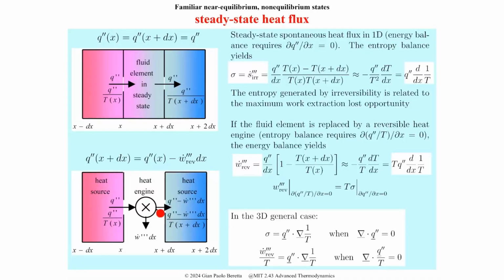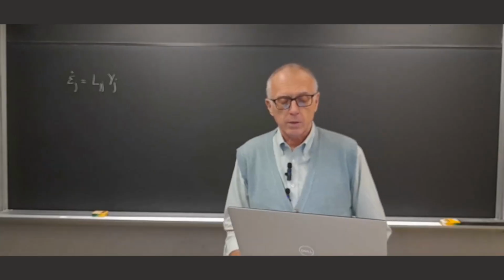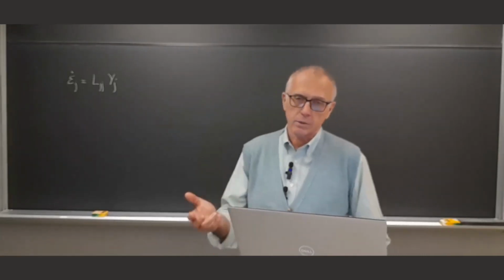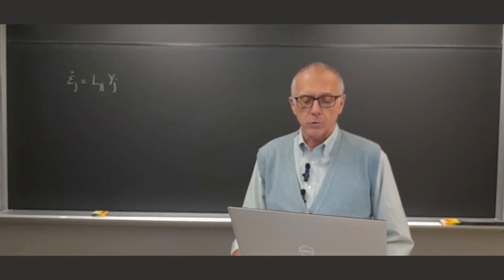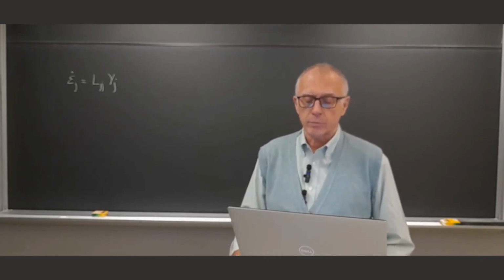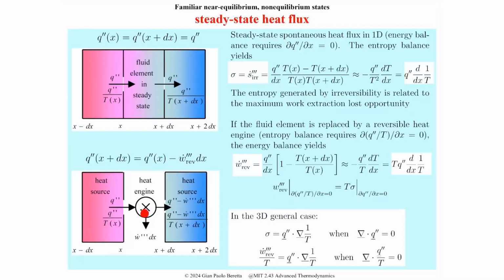We have learned that in order to compute the maximum work, you have to do an energy balance and an entropy balance, and you have to assume that the entropy produced by irreversibility is equal to 0. So you start from the entropy balance and impose that the entropy that goes out here is equal to the entropy that comes in.